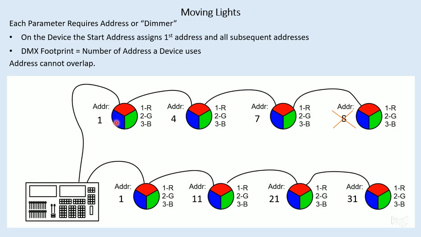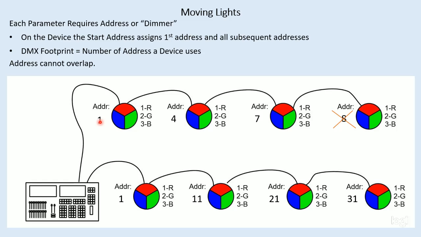So when I am setting my system up, this device would be given a start address of 1, which is the first address that I wanted to respond to. Just like a dimmer rack, it will automatically assign the next 2.